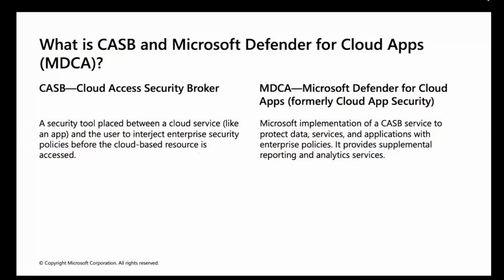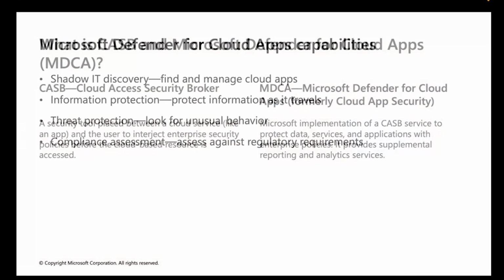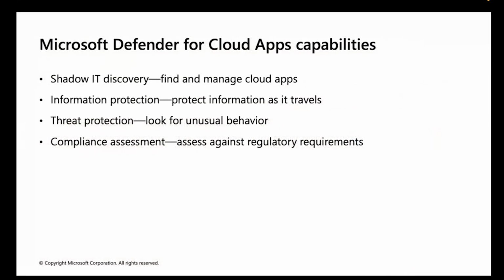So what different options do we have here? MDCA gives you different kinds of capabilities. It gives you shadow IT discovery, where we can find and manage cloud applications. I'll show you how we do it.